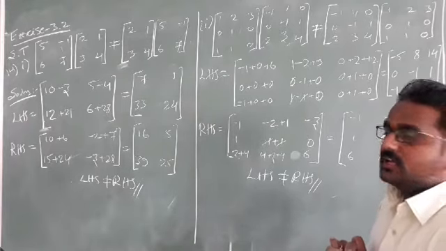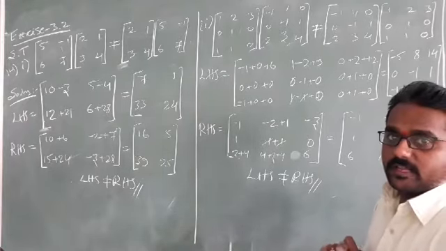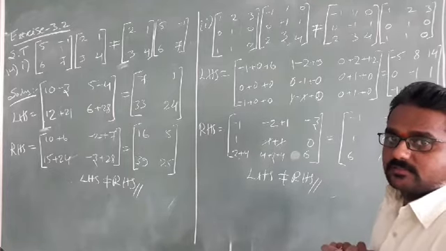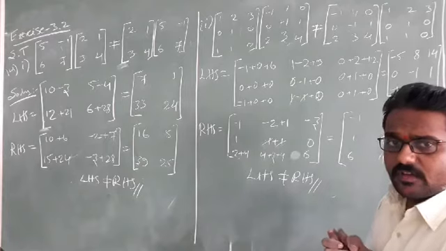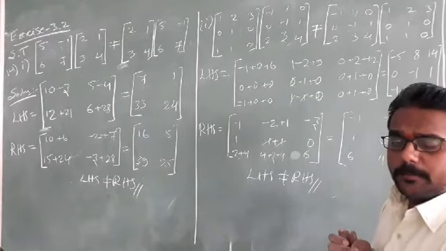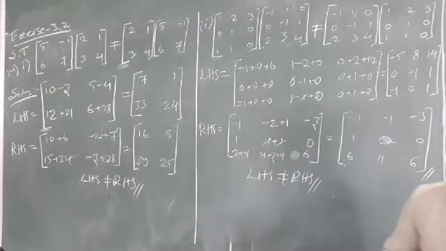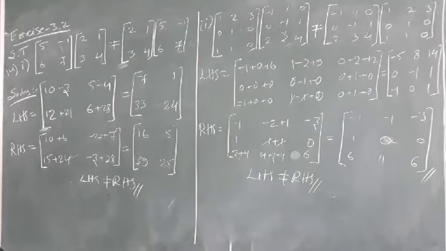Already I gave that property. I also gave the examples. I took two diagonal matrices A and B, then AB equals BA; I examined that also. Okay, this is the difference.